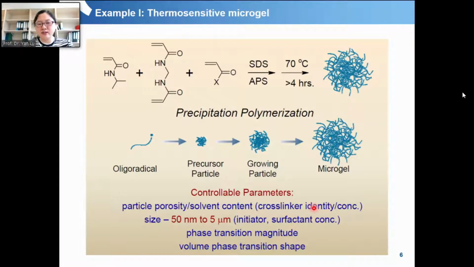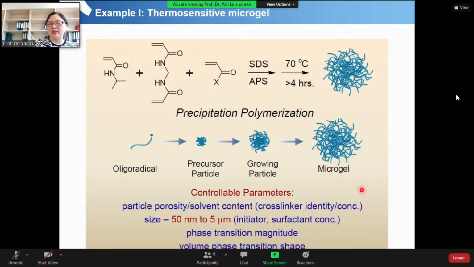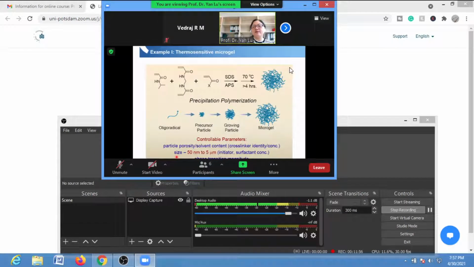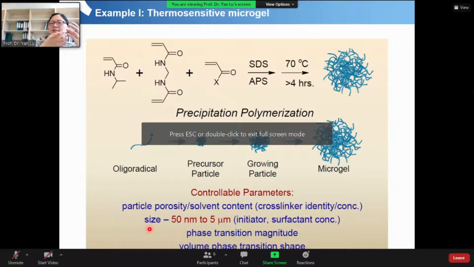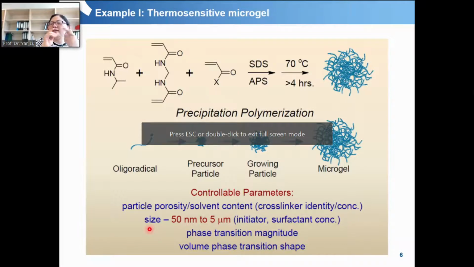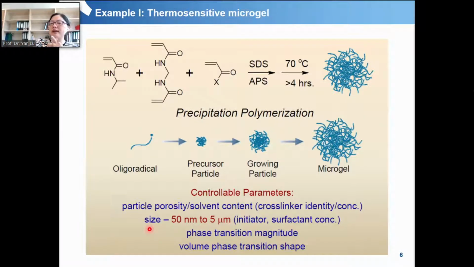And by controlling the cross-link density, you can control the porosity of the particle and also the content of solvent, which can be encapsulated in your microgel or network system. And of course, you can also control the size of these microgel particles depending on the amount of surfactant you use, and also the initiator concentration.